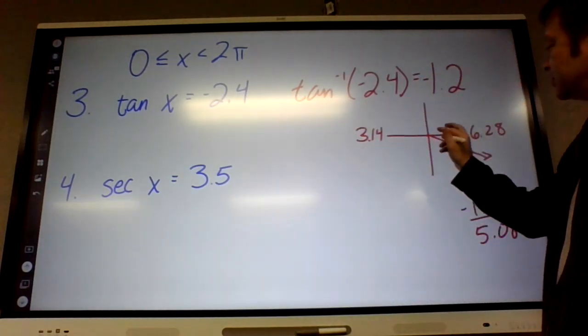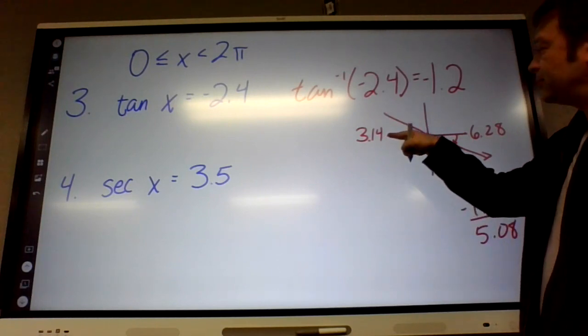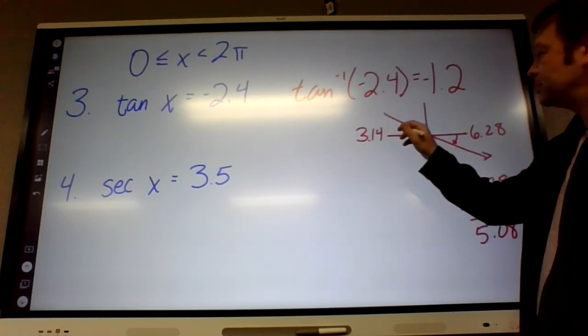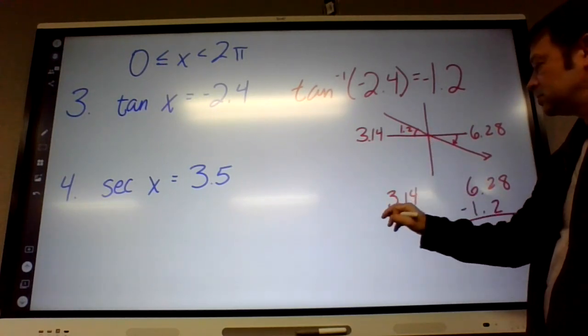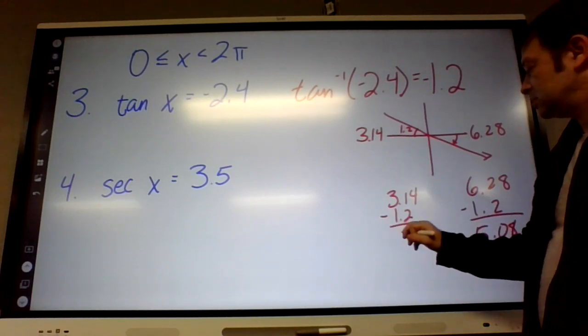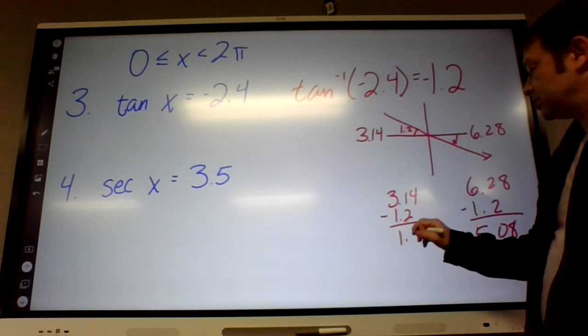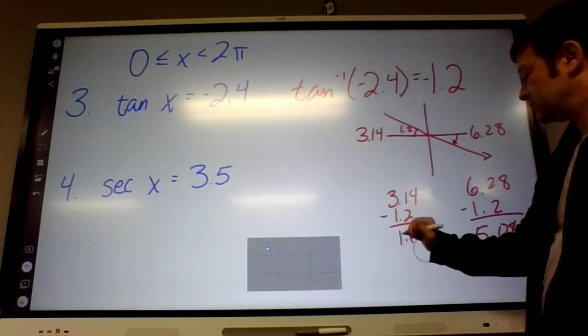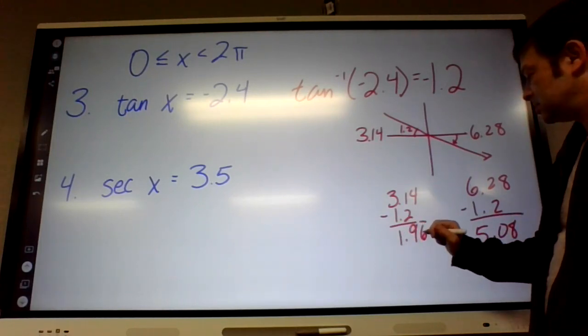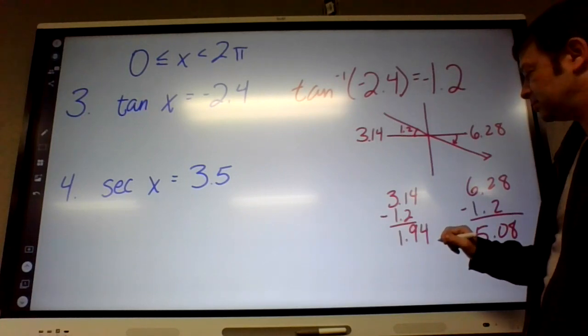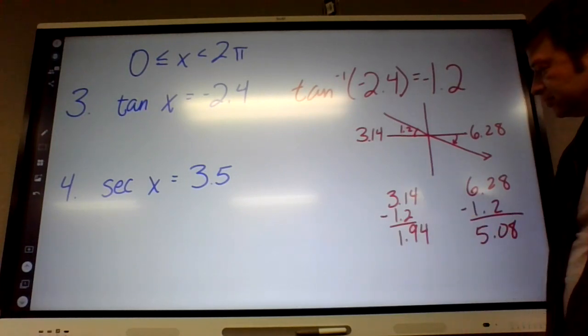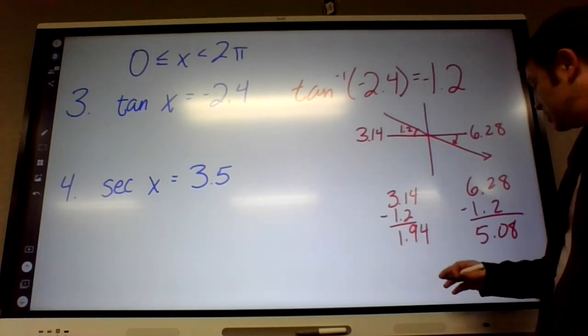So that means we're gonna have to do 3.14 going backwards minus 1.2. I got 1.9. Wait, am I doing that right? No. Yeah. I just did like minus pi instead of... Yeah, subtracted backwards. Alright, anyways.